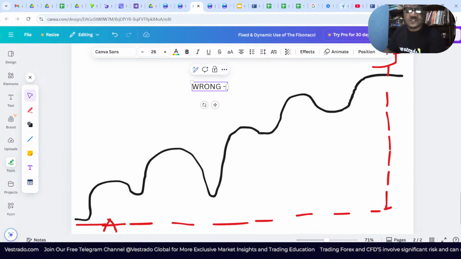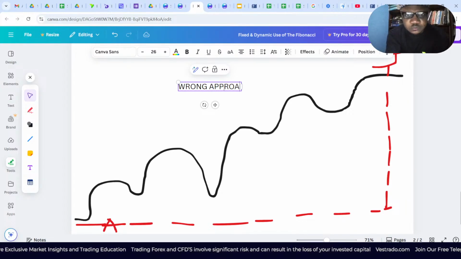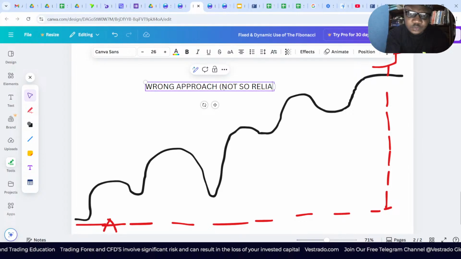The reactions are not reliable in the sense that when Fibonacci touches these levels, in fact, it's hard to gauge the reaction point using Fibonacci retracement. So for me, this has been a wrong approach, or rather, not so reliable. Not so reliable for me.